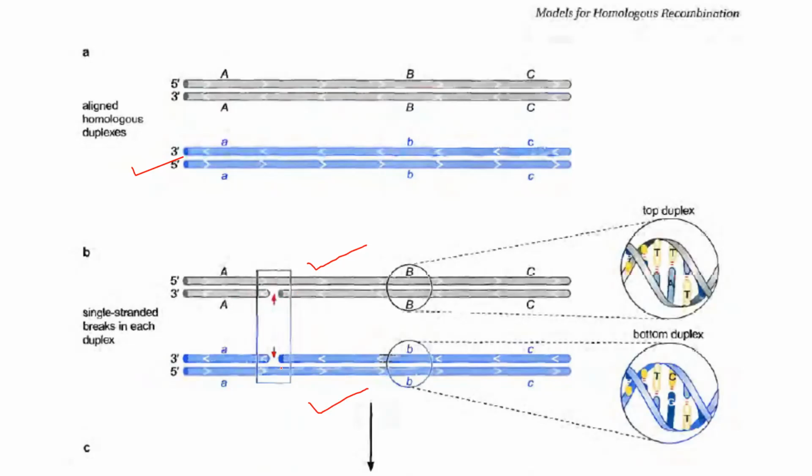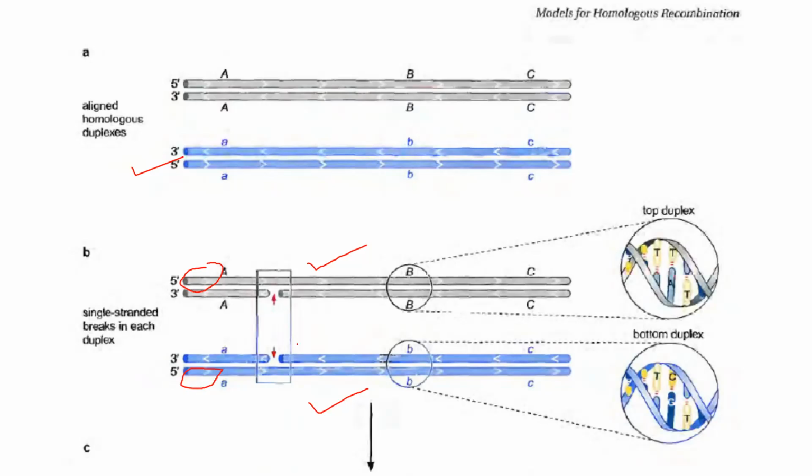They are called single-stranded breaks because the break doesn't happen in both strands. You can see that this strand is intact, and for this DNA molecule, this strand is intact. So the break occurs in only one of the strands of the DNA molecule, and it happens at the same position in both the homologous chromosomes.